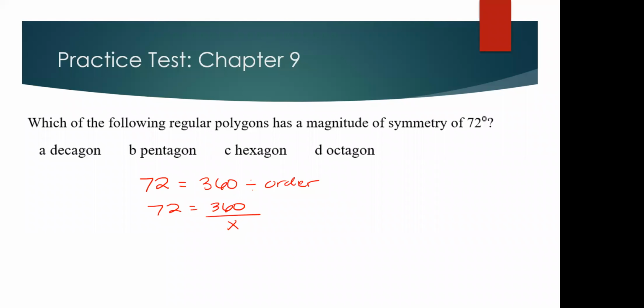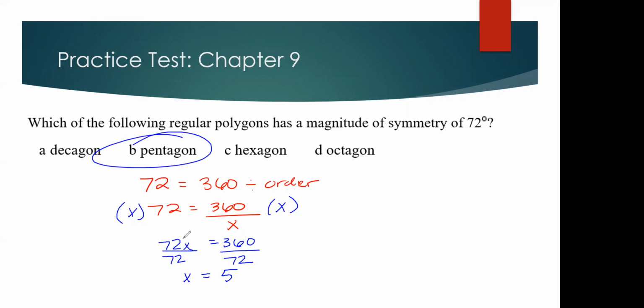What we're going to do is multiply both sides by x. So then we have 72x equals 360. And then we would divide both sides by 72 to solve for x. Remember, we're trying to figure out the value for the order. So 360 divided by 72 is 5. And which one of these has 5 sides? A decagon, a pentagon, a hexagon, or an octagon? That would be a pentagon, which has 5 sides.